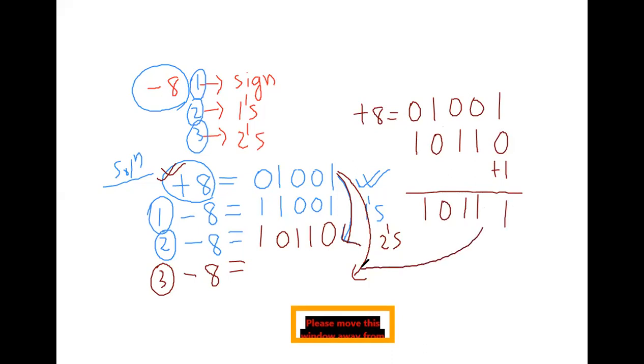This is the answer for this one, 1 0 1 1 1. Understood now? Is it clear? Or any doubt in this? First of all, you have to find out what the plus value is, then convert to 1's complement, then 2's complement. Okay.